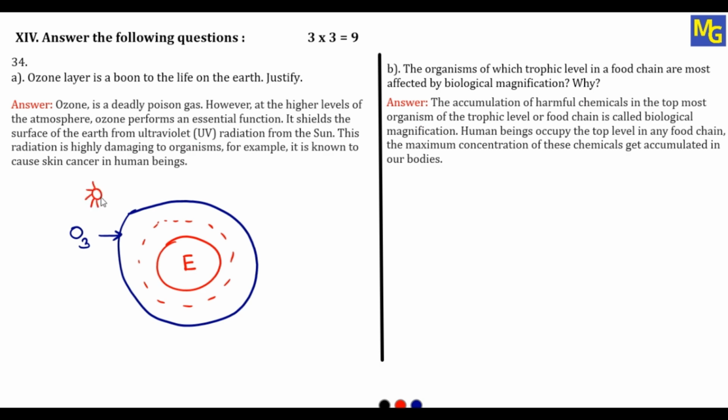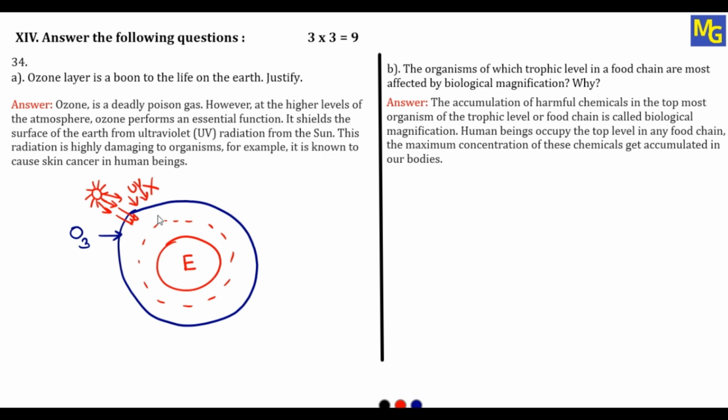From the sun many electromagnetic radiations are coming to the earth. Among all these there is X-ray, UV, visible, radio waves, microwaves, etc. All these radiations enter through this ozone layer, but only UV radiations are prevented. UV radiations are not allowed to enter through this ozone layer.